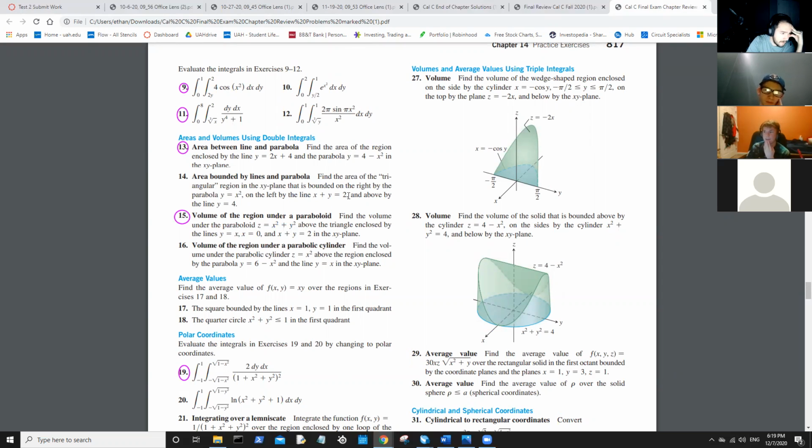Yeah, so let's set our bounds here. Our dx bounds: the triangle is enclosed by y equals x. We have x equals 0, which is the y-axis, and then we have another line, which works out to be 2 minus x. We don't have to do a couple things here, right?